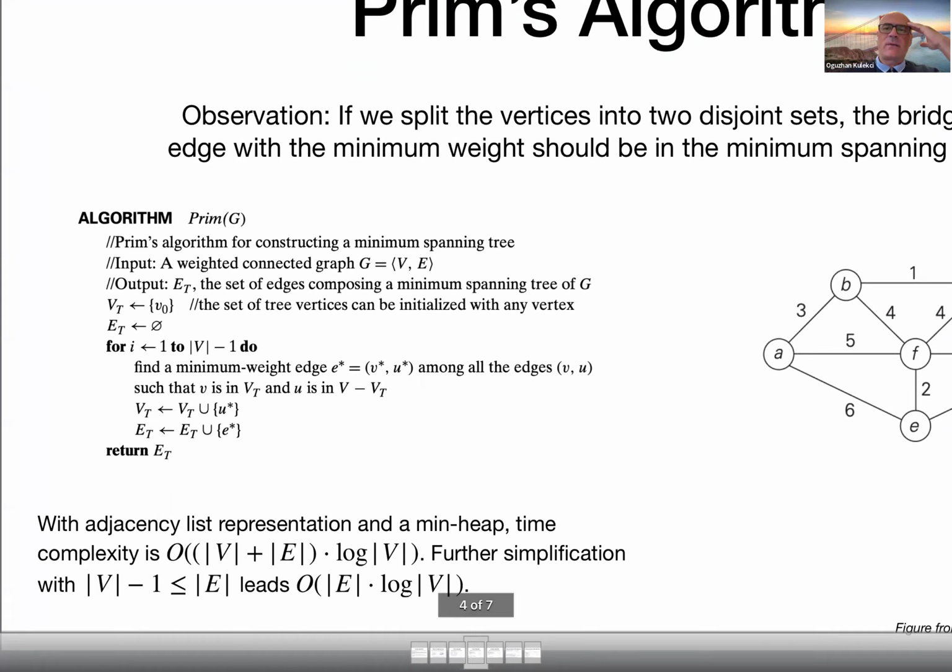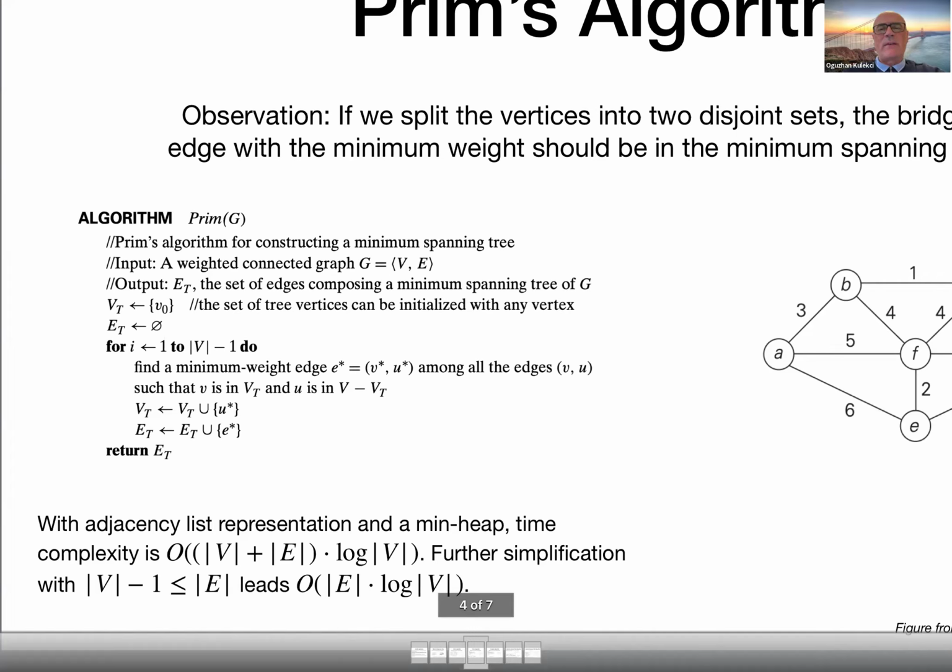Remember our discussions about the heap data structure. Whenever I hear that at each step I select the minimum or maximum, that makes me remember the heap data structure. So it would be nice to use a heap data structure here. Here is the data structure that is recommended if you implement Prim's algorithm.